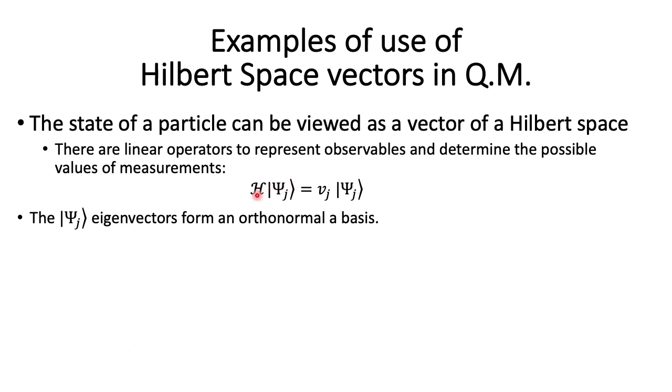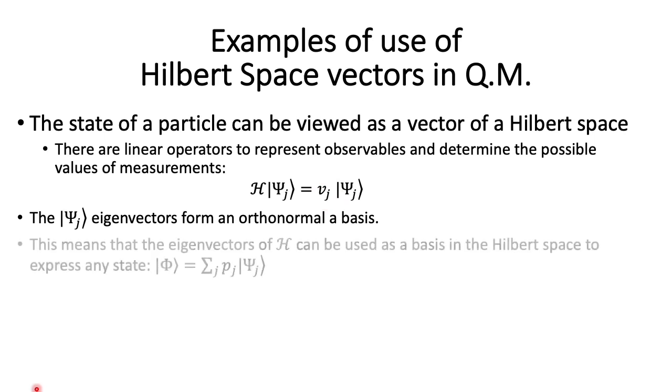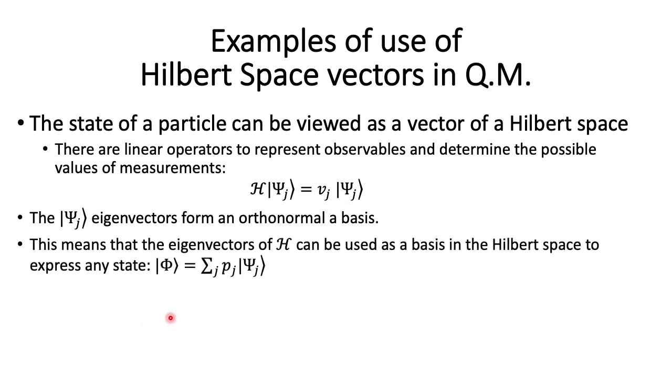And those particular operators, that we'll see in the next video, and the eigenvectors of these operators happen to form an orthonormal basis. That means that if we use those operators like this, well, we will be able to determine here the values that will be measured, for that state. This means that the eigenvectors of those operators can be used as a basis in the Hilbert space to express any states, and that's very important, as we'll see.